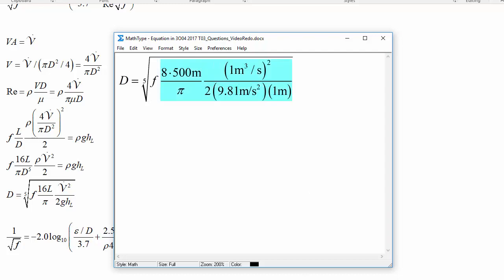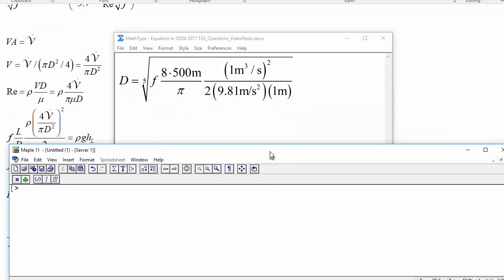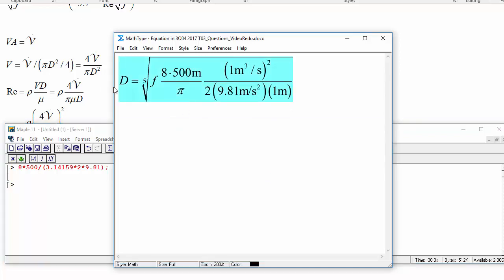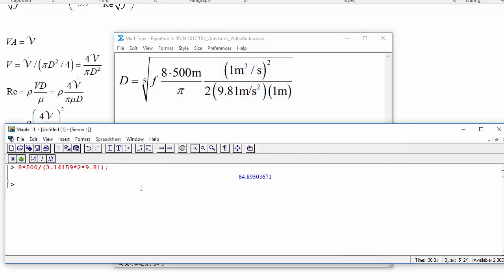And we can calculate what this thing is. So 8 times 500 divided by 3.14159 times 2 times 9.81, and we've got 64.895. And then we could take the 5th root of that, or just leave it under the root there. That's totally fine.